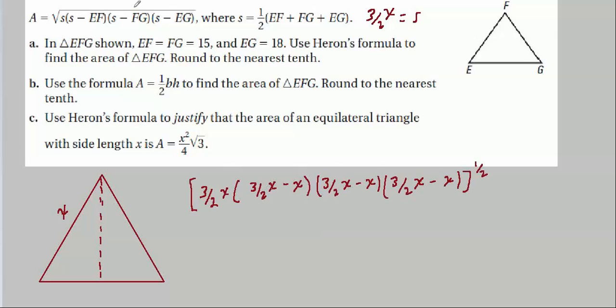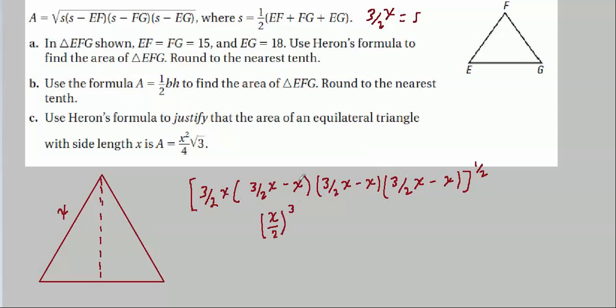So every one of these expressions works out to be x over 2, right? And that's x over 2 times x over 2 times x over 2. So I'm going to call that x over 2 cubed. And that's just these three right here. These multiply out to x over 2 cubed.